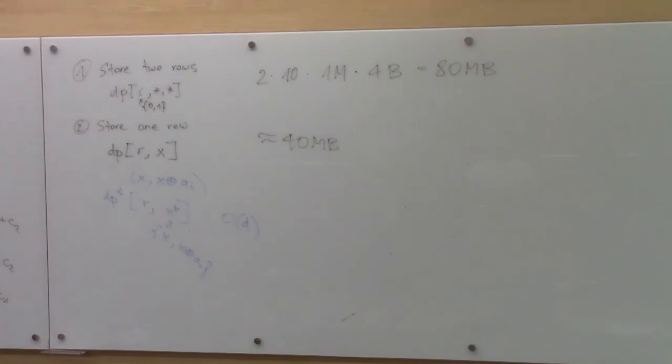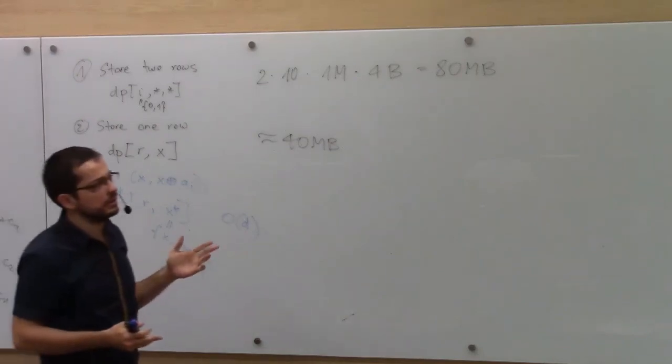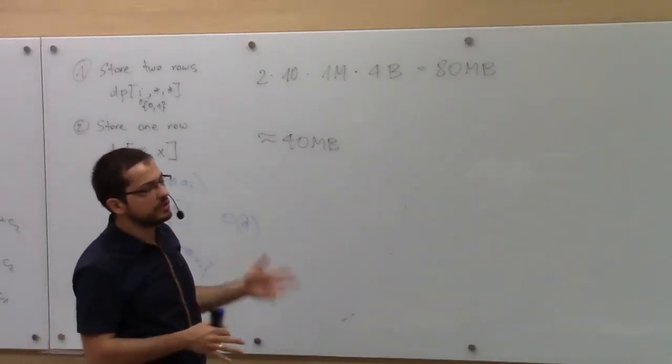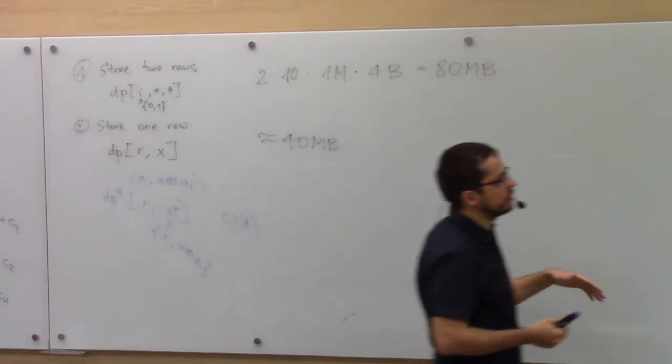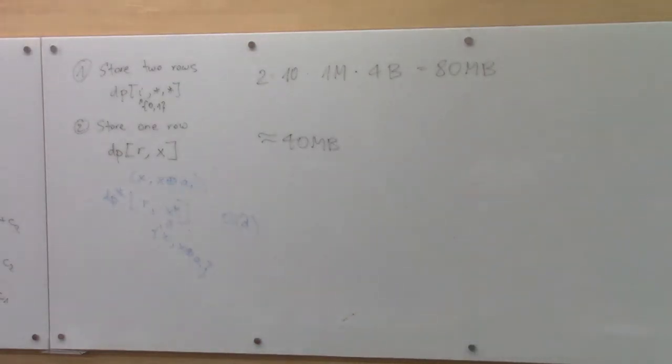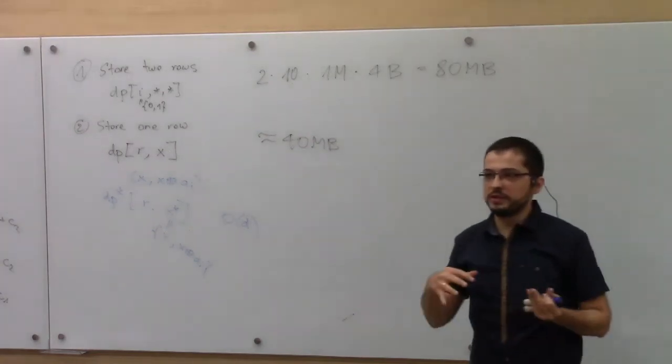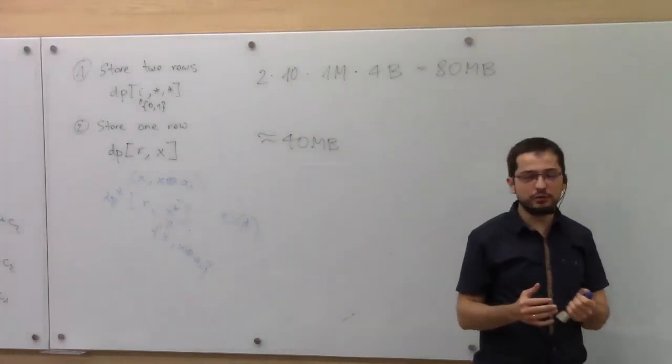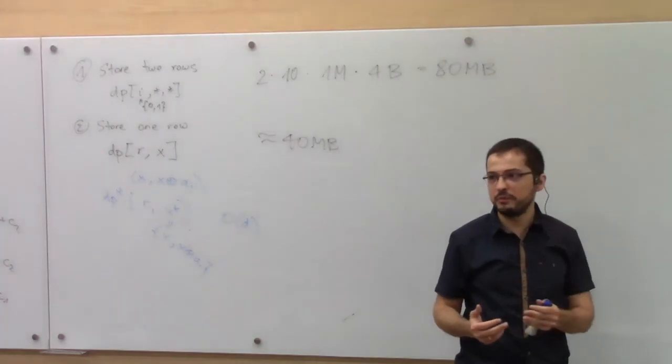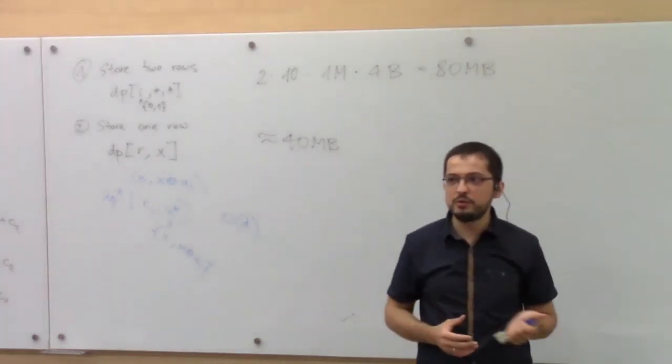Okay, so that was it for this task. Apart from knowing the strategy for Nim that involves XORing things, this task was not really about the game itself. It was more about interesting things you can do to speed up the dynamic programming or squeeze it into memory.